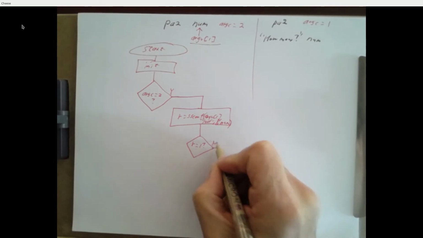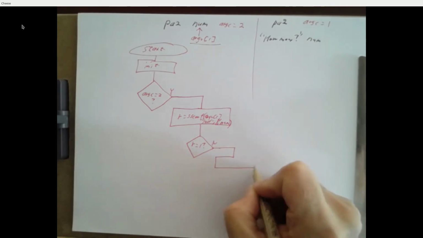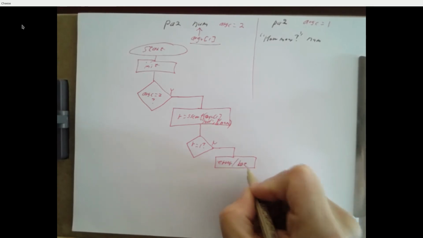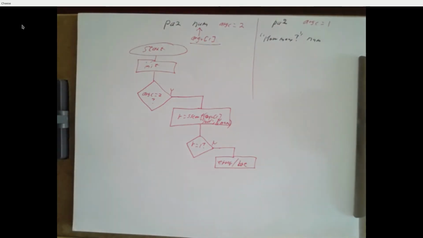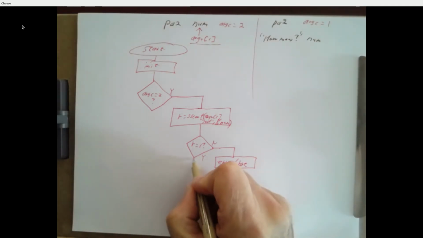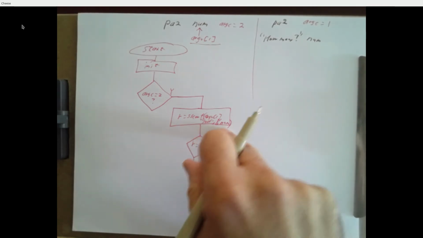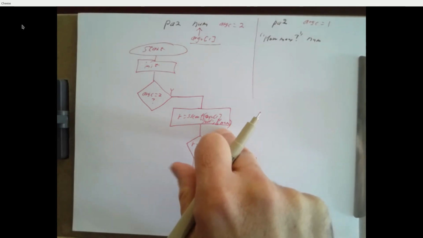If not, error, goodbye, and just return from your program. But if r is equal to 1, then we know that num, or whatever variable we put in the scanf, has the number of sticks they want.